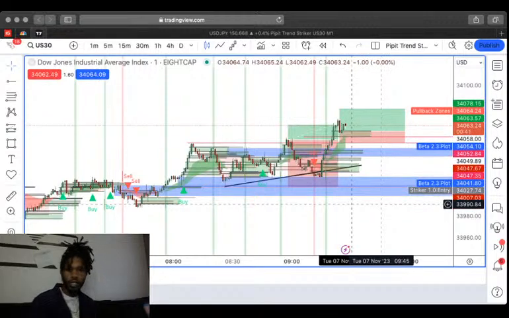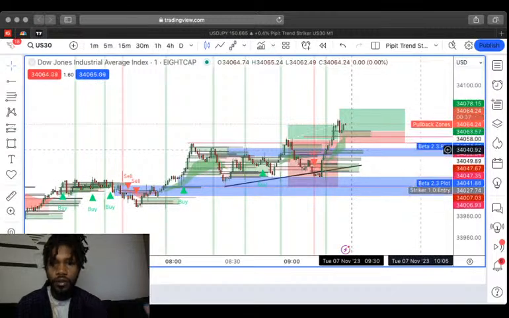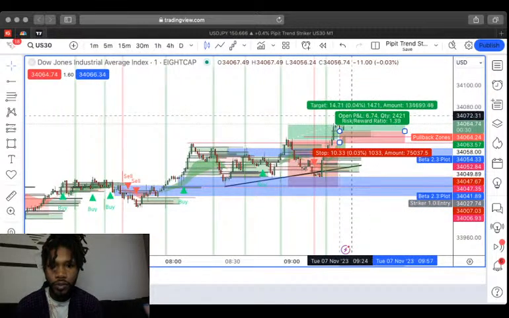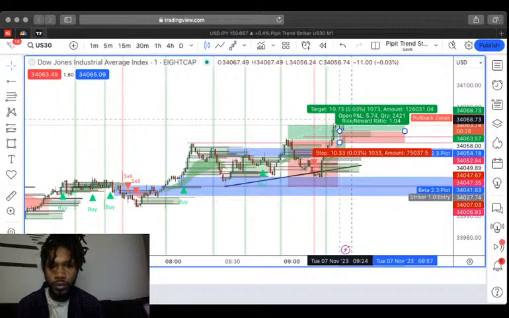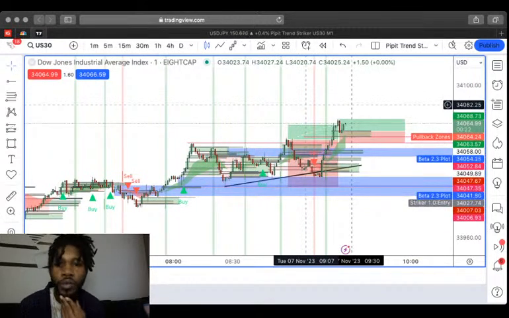UJ is running in profit. Let's see, can we get a 1-to-1 at least before market opens? Can we get 1-to-1? Take it into that high before market opens? Can we get that at least?